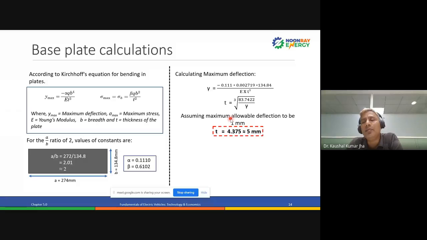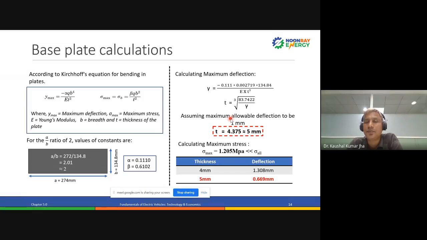And then from that we get the thickness of the plate. So if I use 4 mm thick, then what will happen? This would be around 1.3 mm deflection. If I'm using 5 mm, then what is the deflection? 0.7 mm. If 0.7 mm is agreeable, I'll go for 5 mm. If 1.3 mm is agreeable, then I'll go for 4 mm thickness.